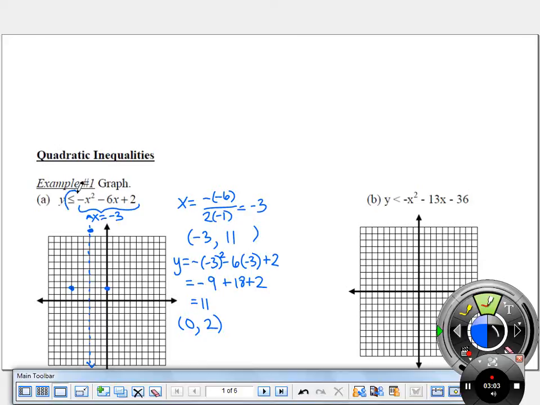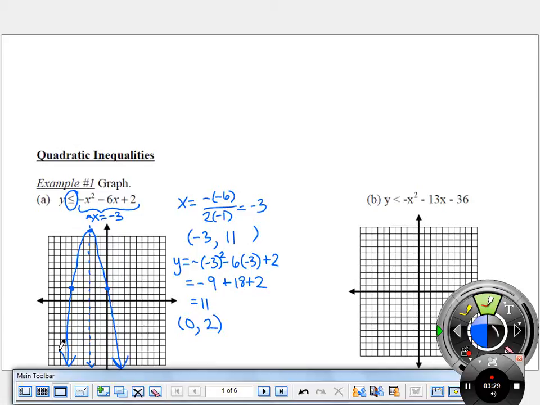When I look at the inequality, is y allowed to be equal to this quadratic negative x squared minus 6x plus 2? Because the inequality says it can be less than or equal to, it can be equal to the boundary, which means I'm going to draw a solid boundary rather than a dashed boundary. Okay? So a solid boundary.